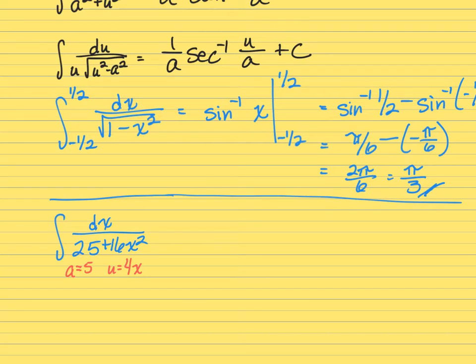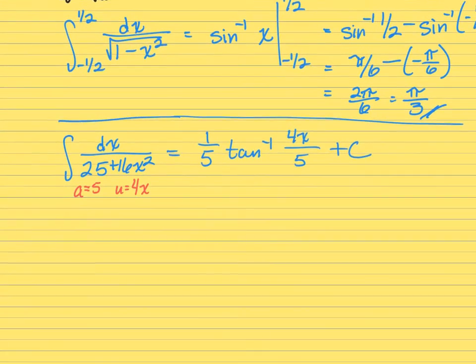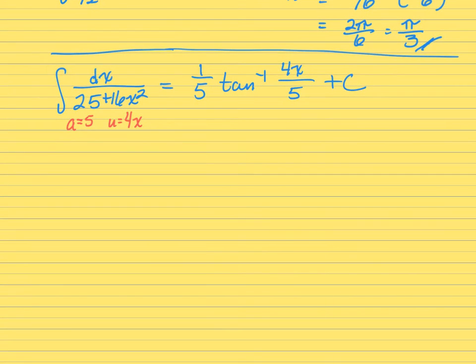So once we understand what the values a and u take on, we can just plug that into our formula. So this is going to be 1 over a times the inverse tangent of u over a plus c, right? So all we have to do is make sure we identify the correct pieces and then put them into the formula that we get from the integration table. And that's pretty handy to be able to do, all right?